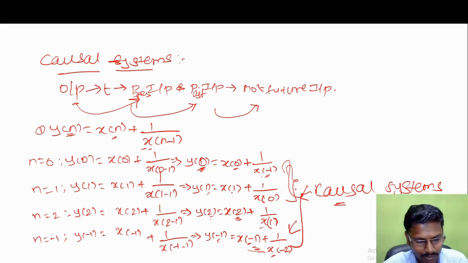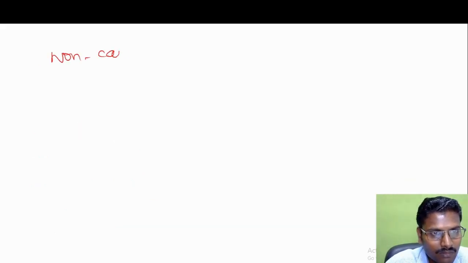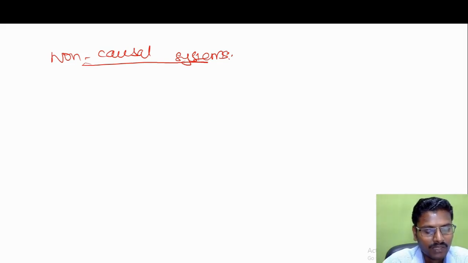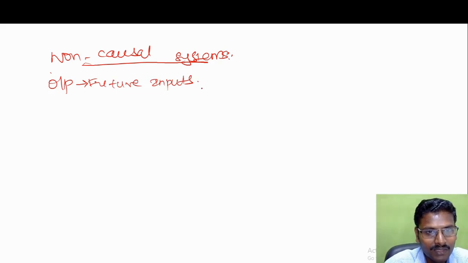Now let me solve an example for a non-causal system. The definition of a non-causal system is that the output depends upon future inputs and not on the past and present inputs, right?